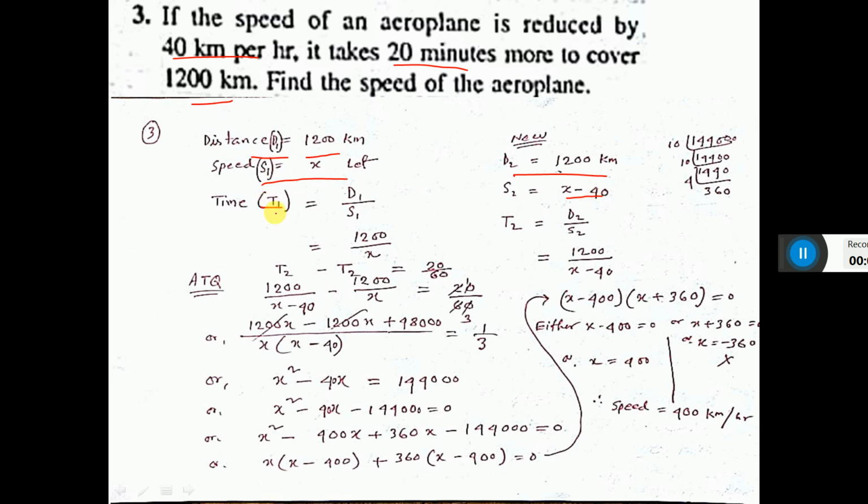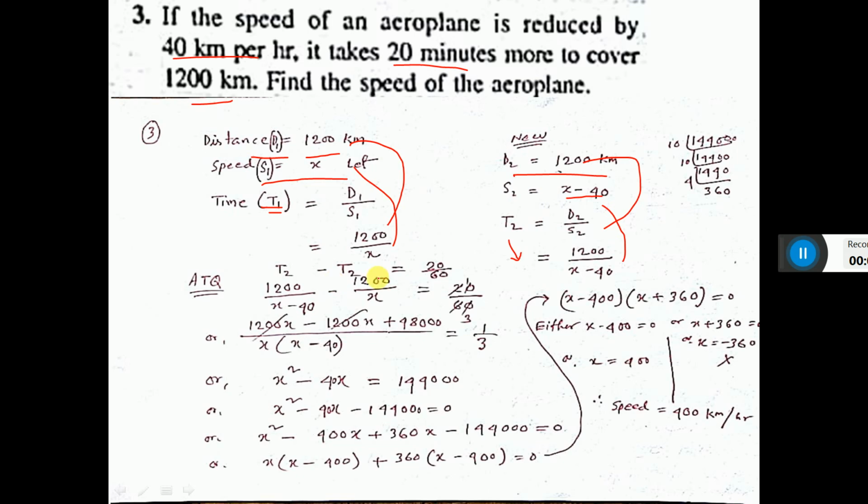So for the first case, time t1, the formula you know, distance by speed: put the value of distance and speed x km per hour, and the second case time equals distance by speed. Since speed is less, t2 is the greater time and t1 is the lesser time.